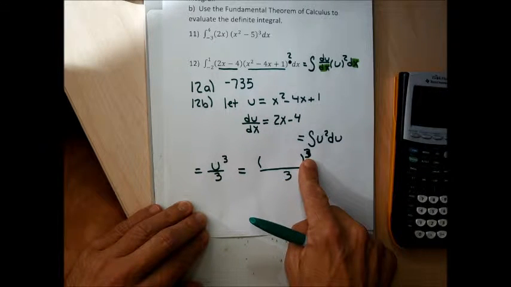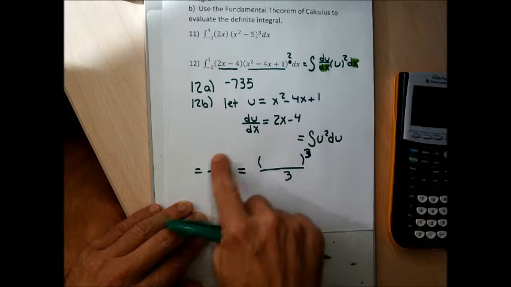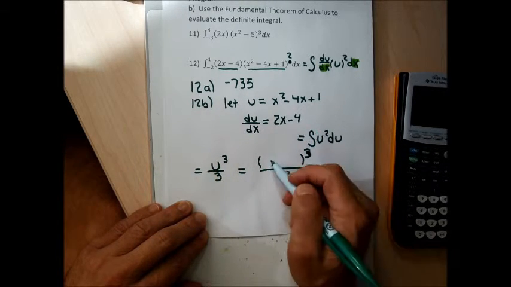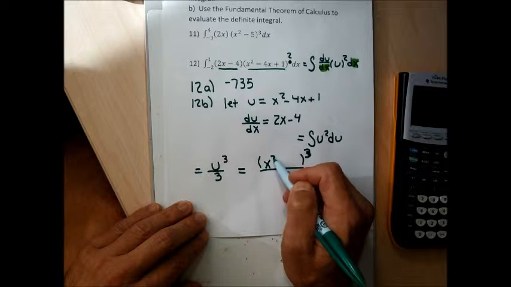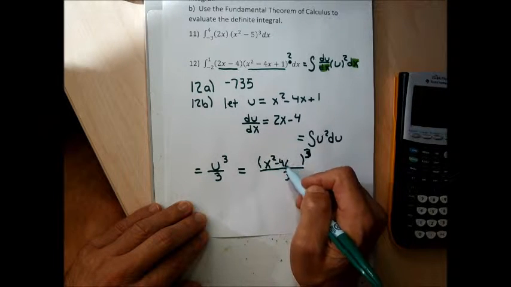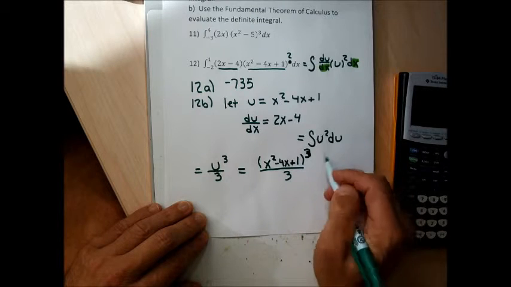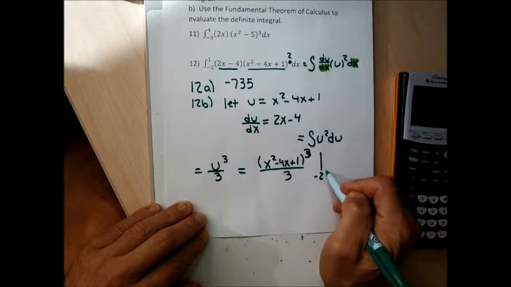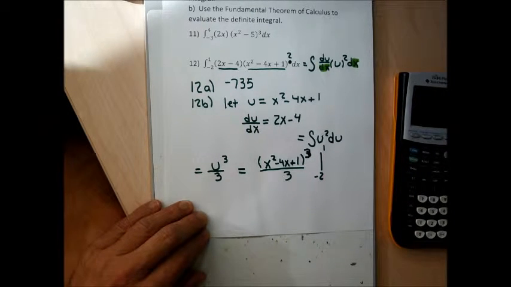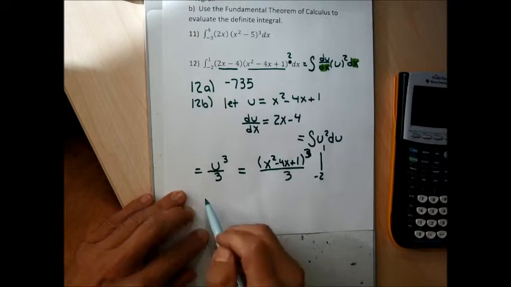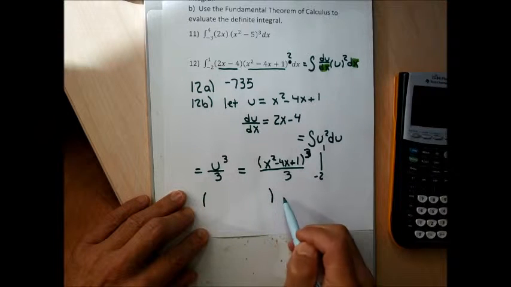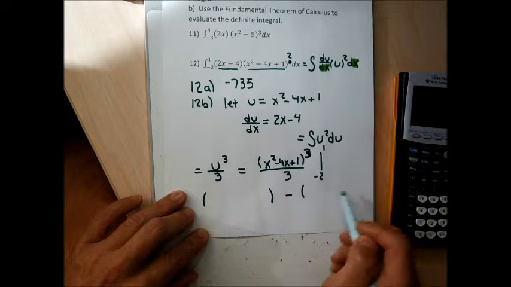For a second I wrote 2, but I scribbled it out to be 3. Now I can plug the numbers in. I'm going to make two parentheses separated by a minus sign.